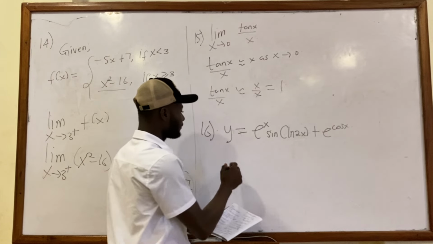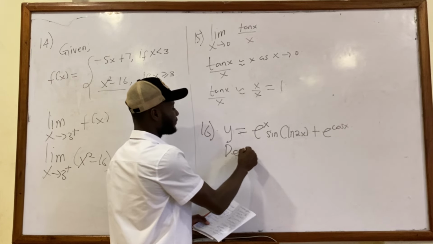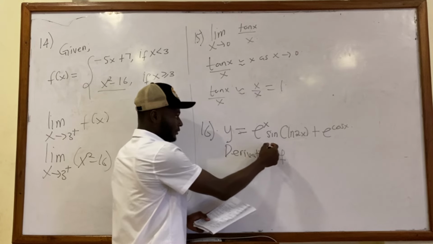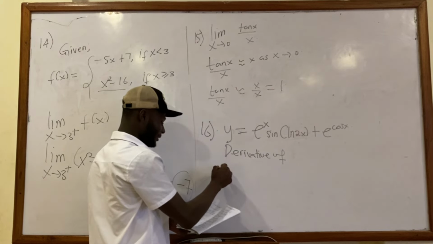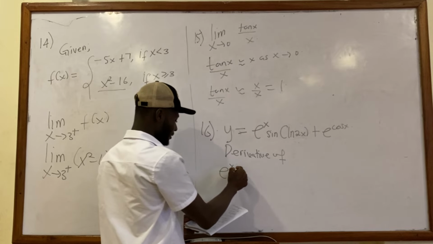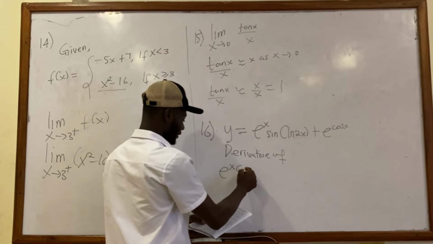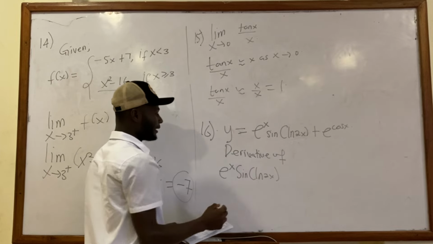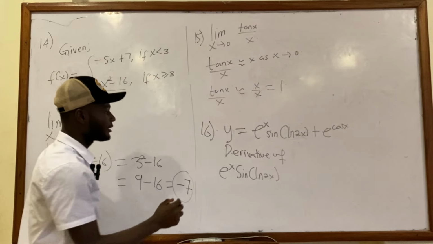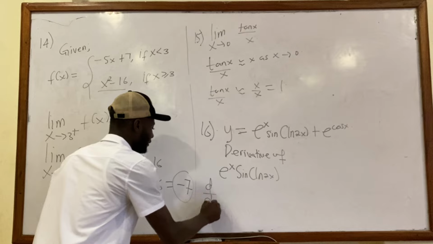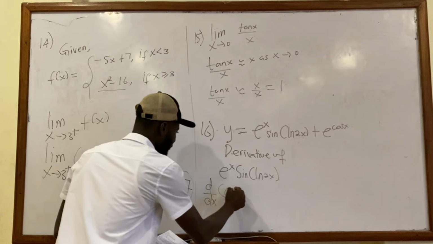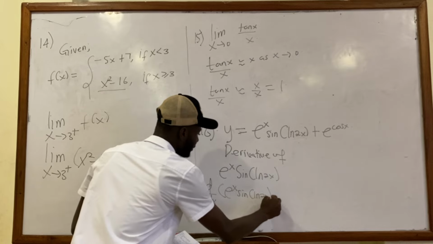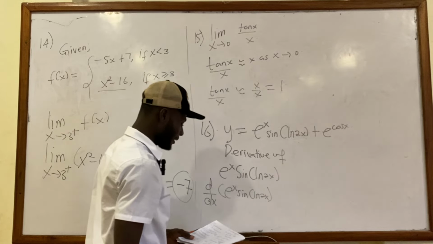Now the derivative of the first function, which is e power x sine of ln 2x.